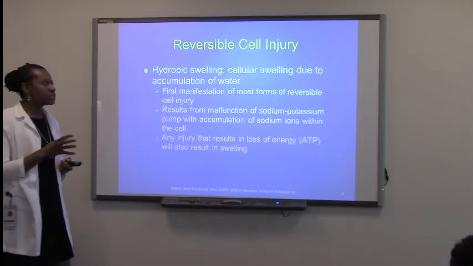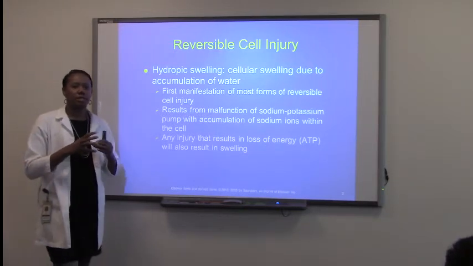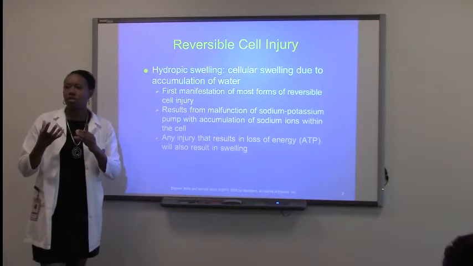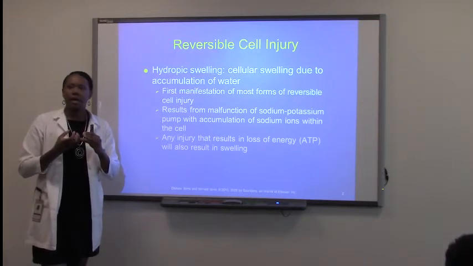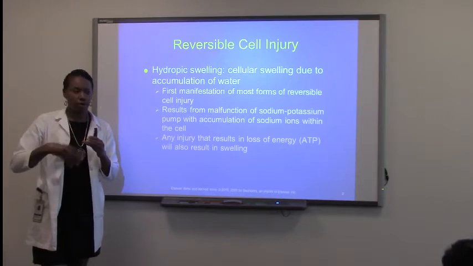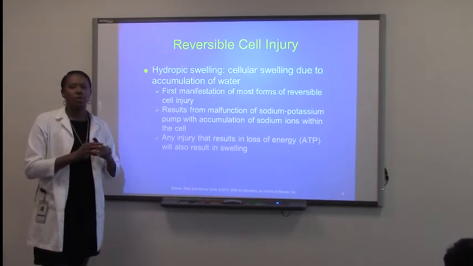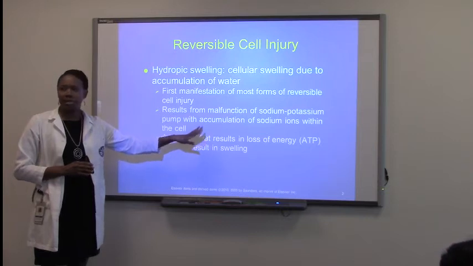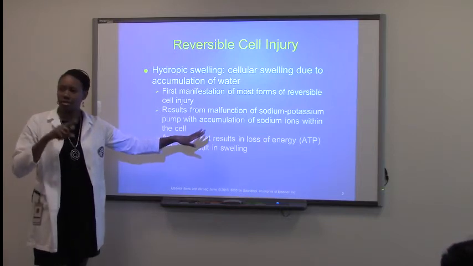With hydropic swelling, we have, for example, a cell that starts to swell. What causes water to be retained inside the cell is faulty sodium-potassium pumps on the channels of the membrane.